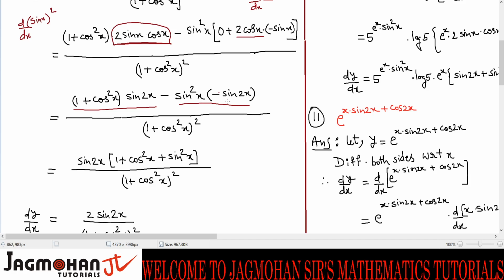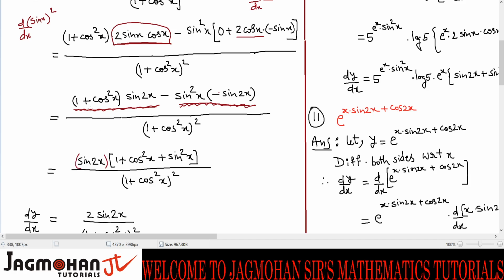In these two steps, this term and this term, we have sin 2x as a common factor, so sin 2x is being taken out. You know, it's a common factor, so I take it common, sin 2x is out.